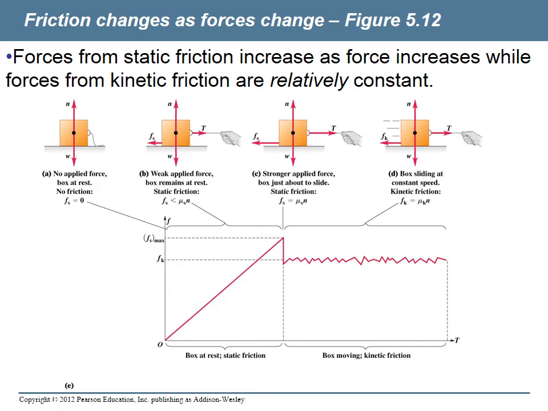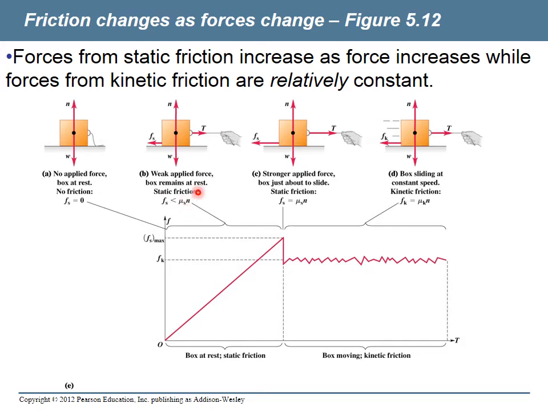So the static friction, as well as the kinetic friction, are both related to the normal force. In this case, the force of static friction, Fs, is less than or equal to mu s, which we call the coefficient of static friction, times the normal force.